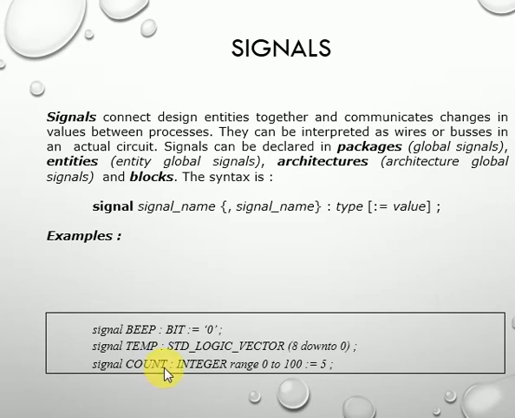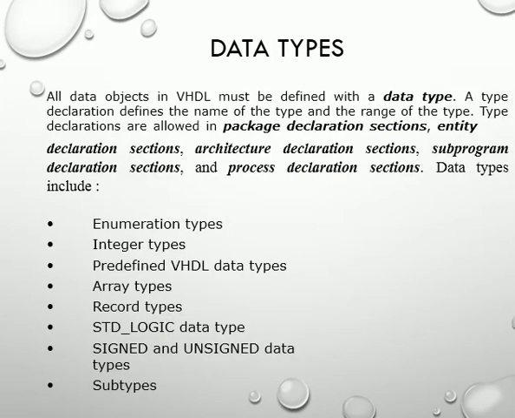Now let us go to the data types. Each data object, as you have seen, whenever we are declaring any of these data objects, at that time we need to specify its type. So every data object has its type associated with it, and this type declaration defines the name of the type and the range of the type.